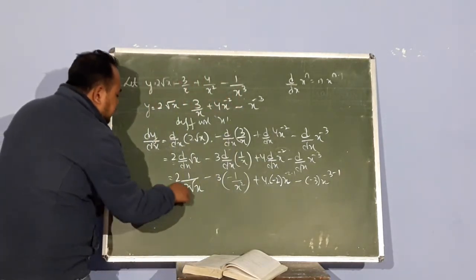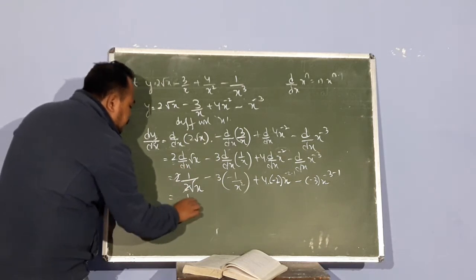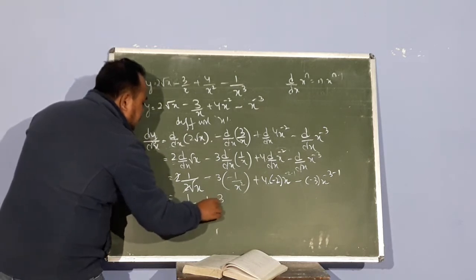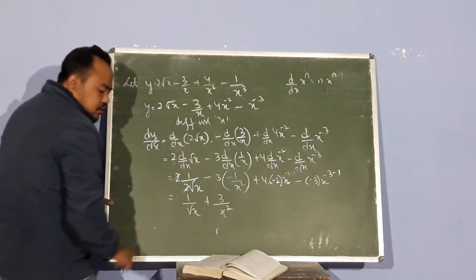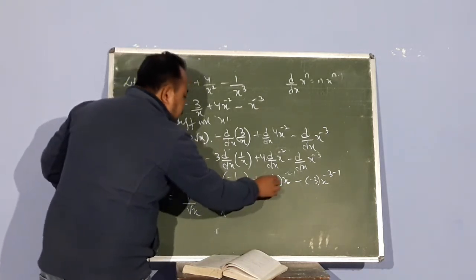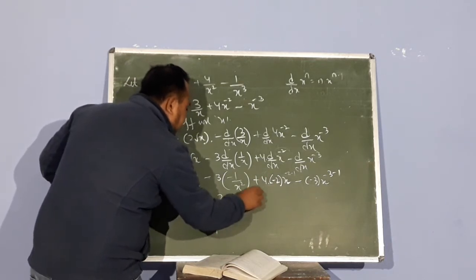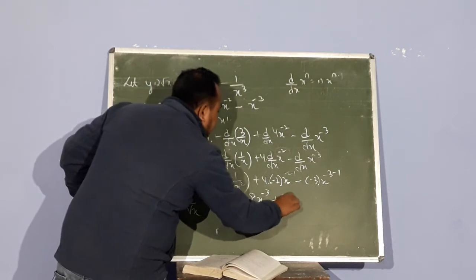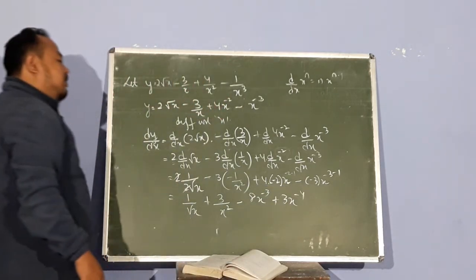So see what you're getting, 2 and 2 get cancelled. So 1 by root x as it is, minus into minus is plus, 3 by x square, plus into minus is minus, 4 2s are 8, x to the power minus 3, plus 3 x to the power minus 4.